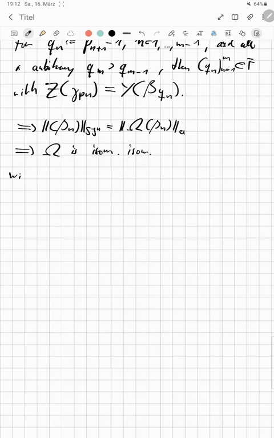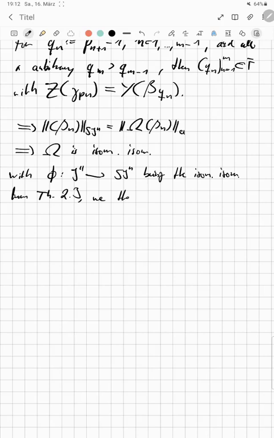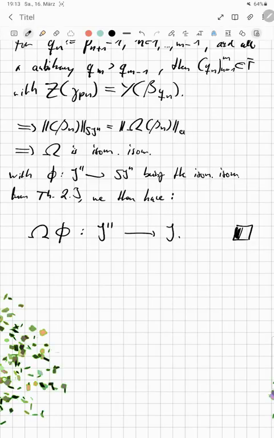And finally, with phi being the esom from theorem 2.3, we then have the following isometric isomorphism: gamma phi going from J dash dash to J. They are isometrically isomorphic.